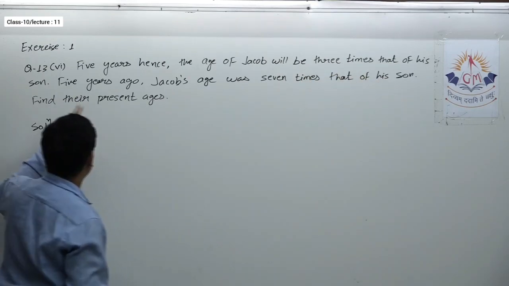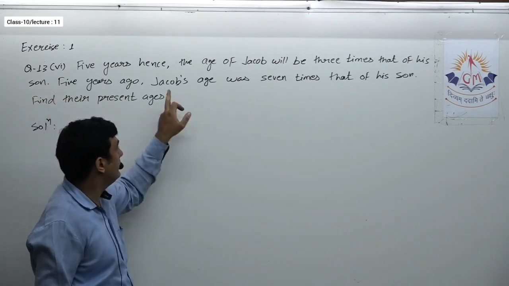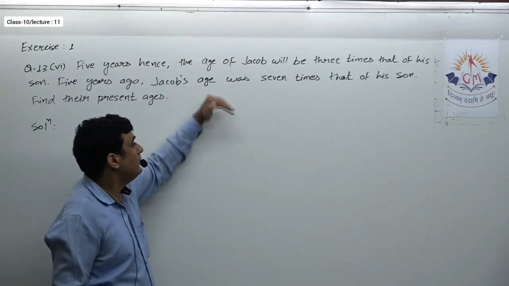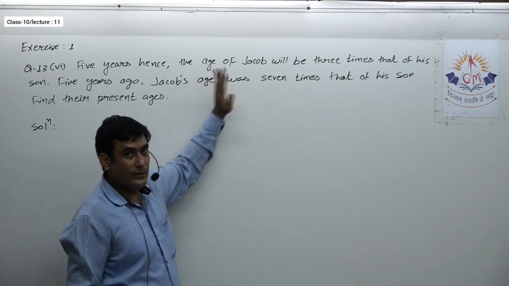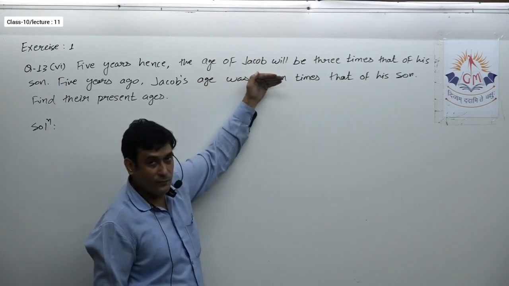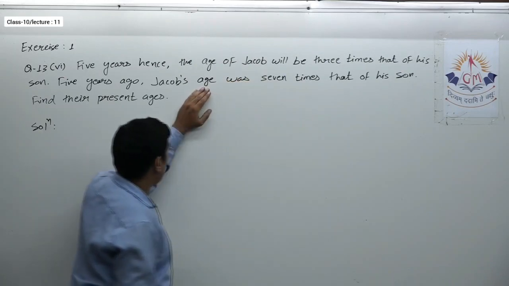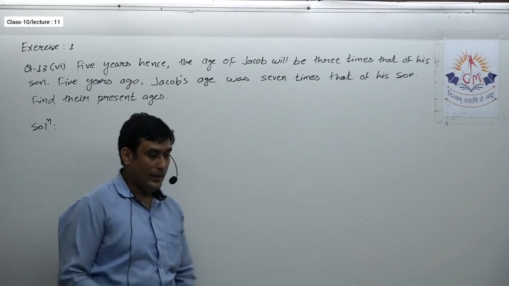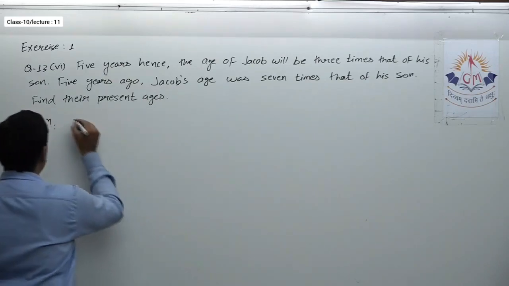Then one more relation is given. 5 years ago, Jacob's age was 7 times that of his son. So both statements are given. The first gives the relation between the future ages, and the second gives the relation between the past ages. And what we have to find? The present age. So we'll start with that only.